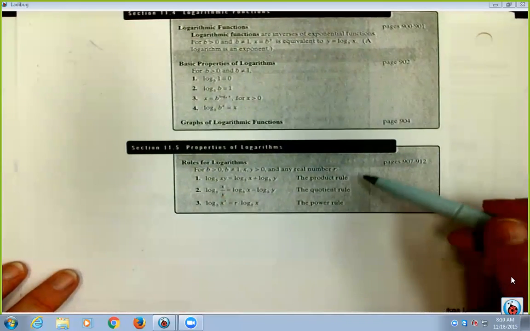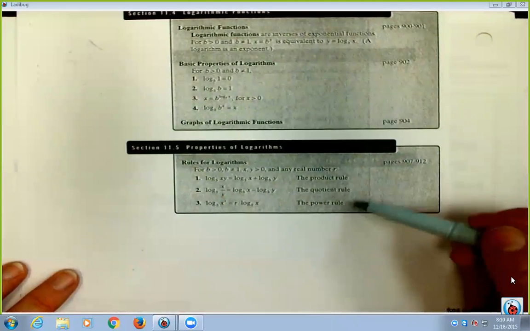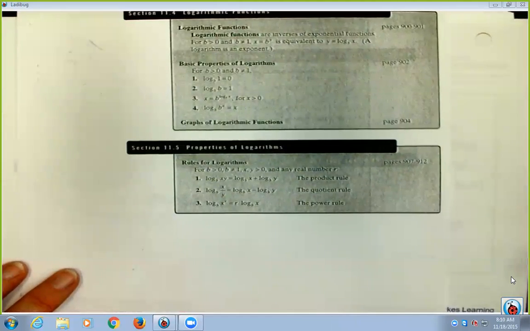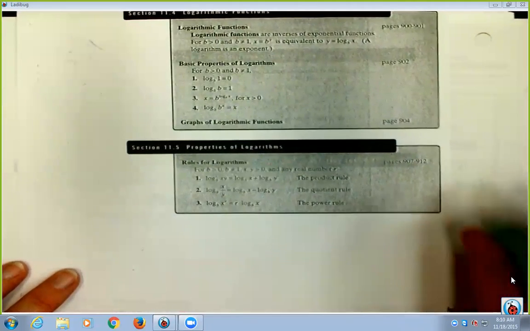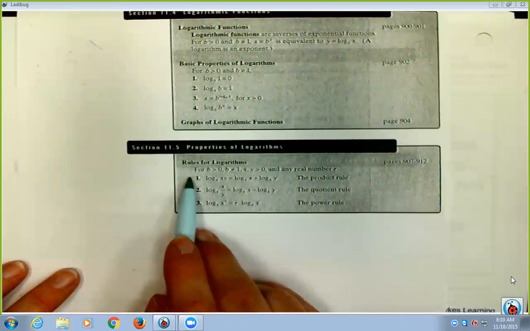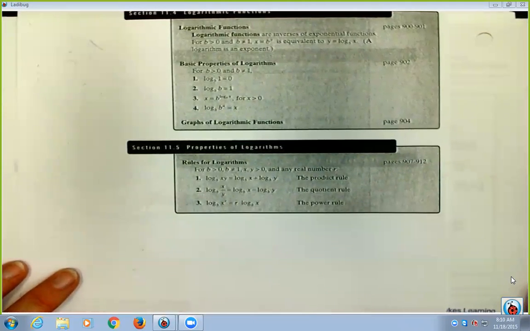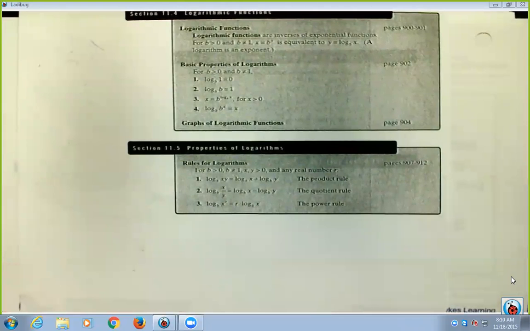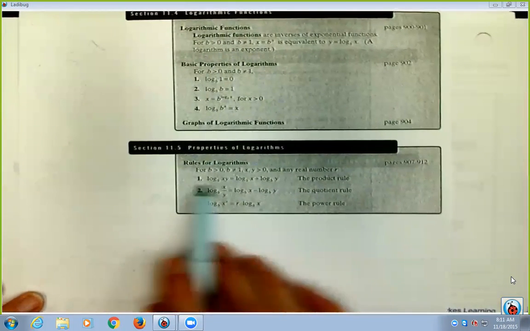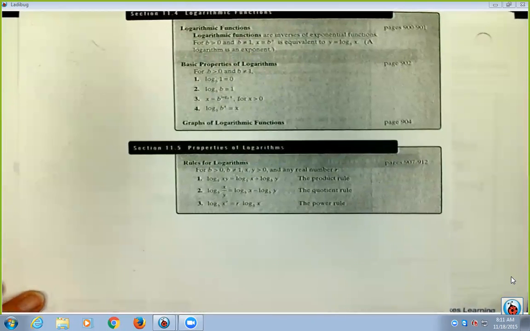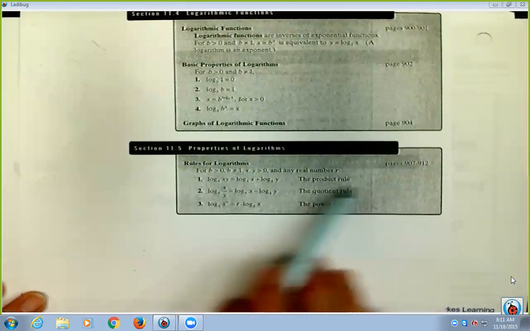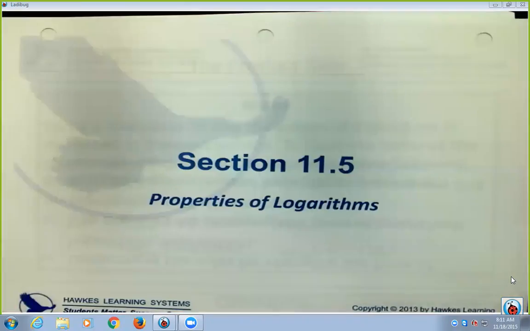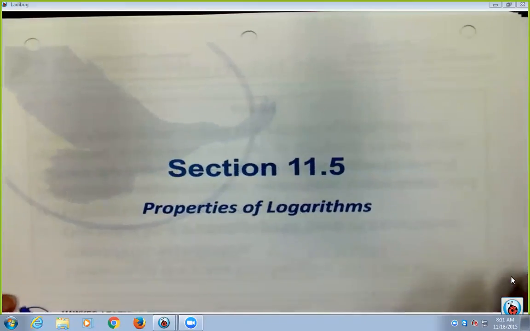As we go through, these are documented on that sheet, so you don't have to write like crazy trying to get those properties down. We're going to talk about each one separately. There are 3 of them in here, and as we go through those, you'll see how they relate to what we have to do with our numbers and values. So let's get started on 11.5.